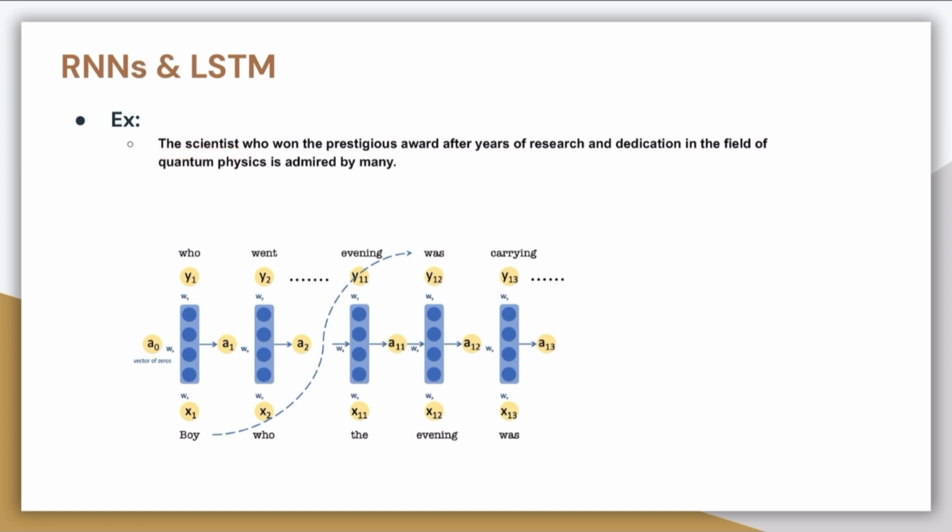LSTM is slightly better than RNN, but it is not perfect. Even LSTM uses a fixed memory, so very long sentences are still an issue. It leads to information loss. Because it forgot the word scientist, it might think quantum physics is admired. So it changed the whole sentence meaning. This is the main challenge in RNNs and LSTMs.